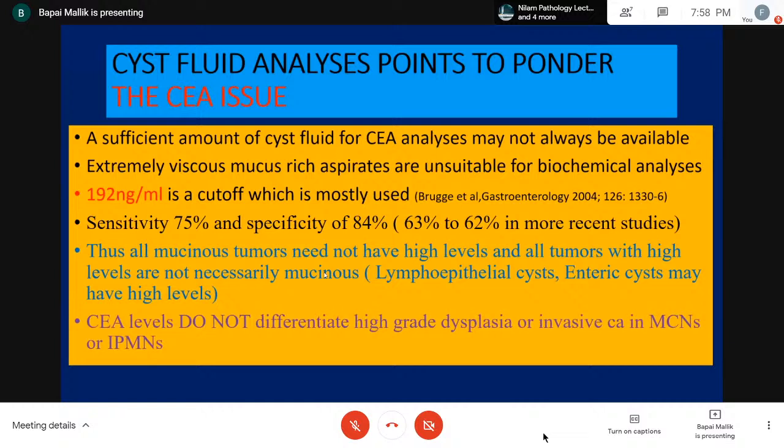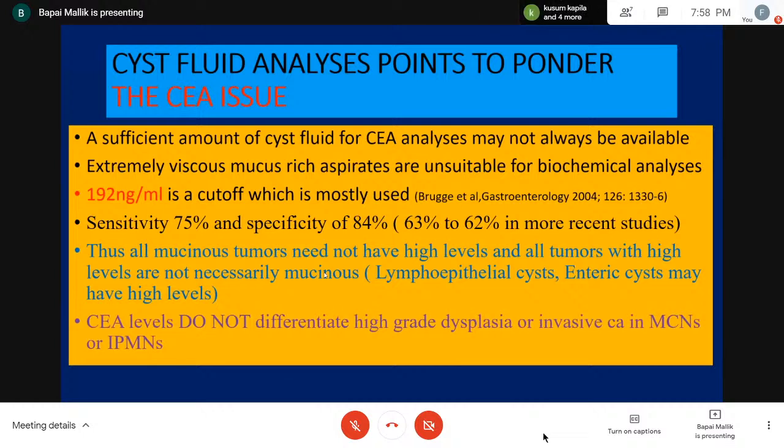Now here I would like to say, first of all, they're unsuitable for biochemical analysis, and second of all, when you see something very thick, very mucus, and you're sure it is a mucus-rich lesion, you actually do not need to send it for biochemical analysis because you already know that this is a mucinous lesion. Of course, one has to remember that if you look at just gross pictures, sometimes pseudocysts, which are very severely inflamed, can show a kind of mucoid appearance.